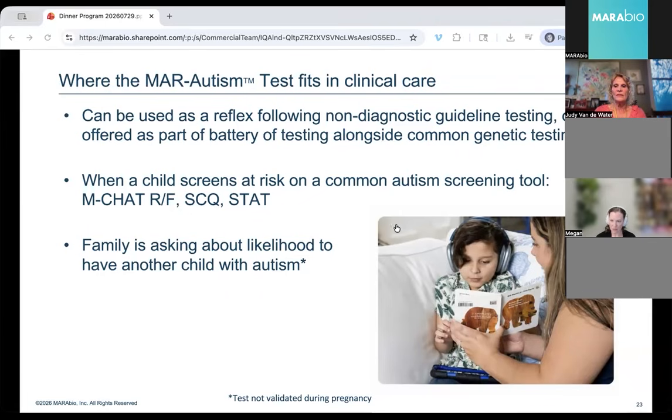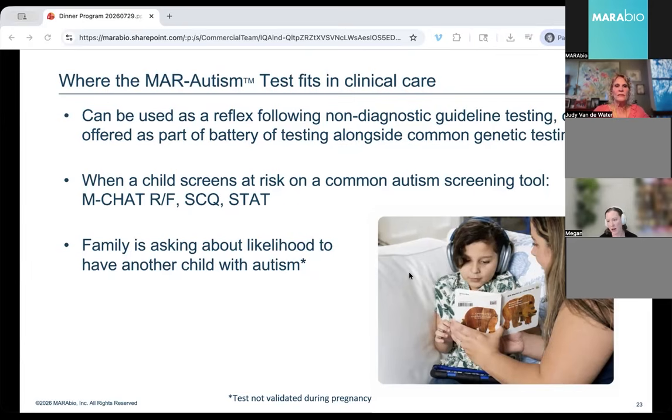Thanks, Megan. I think this question rolls into that as well, in a way. Is the test ever approved for or recommended for a mother who doesn't have a child with autism? We get that question a lot. We initially launched this test in a higher risk population.